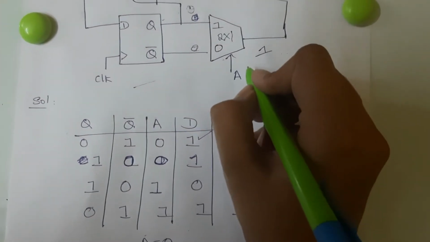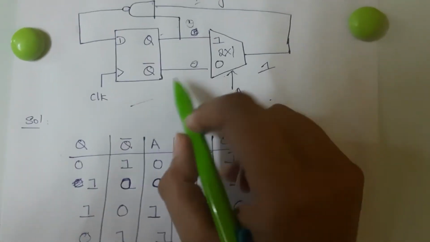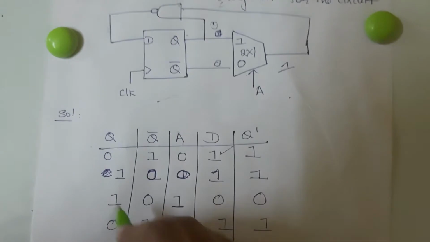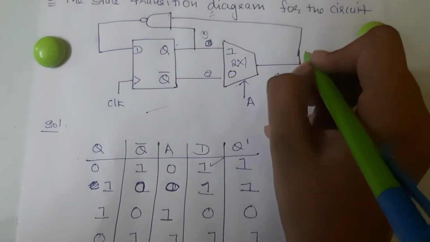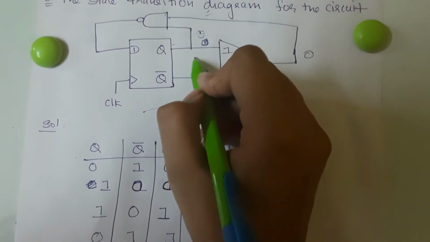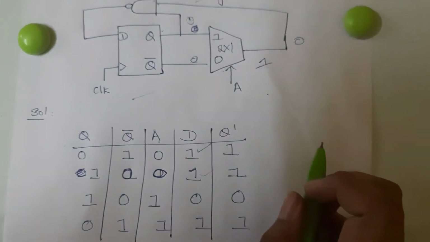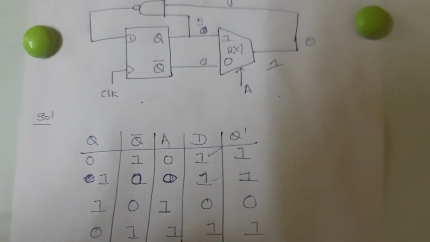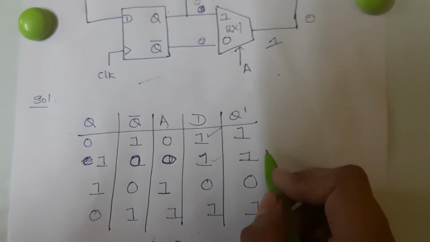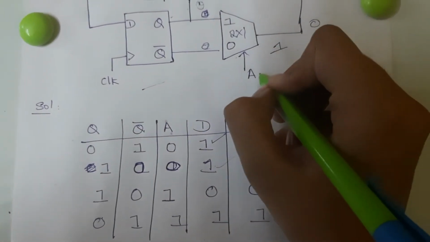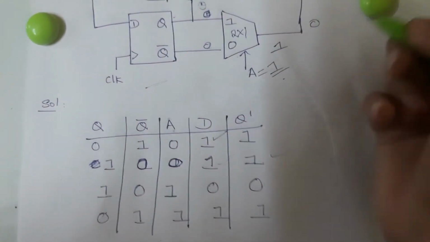I'll again assume A to be 0. If A is 0, I'll get the value of Q bar here. The value of Q bar is 0 and Q is 1. So 0, 1 NAND combination will again give D as 1. Now if D is 1, Q is also 1 and Q bar is 0. Now here again I'll assume my A to be 1.